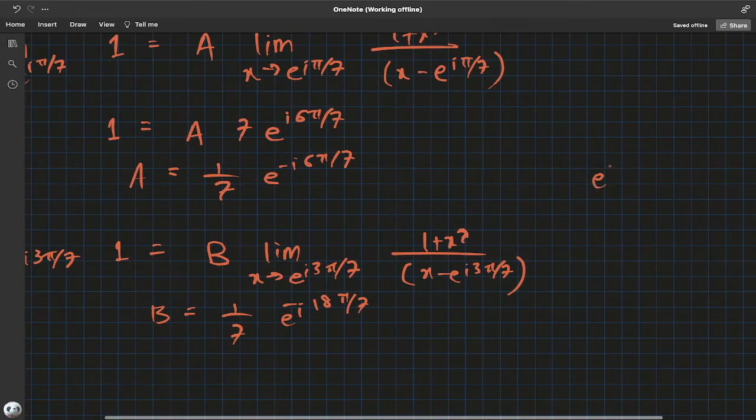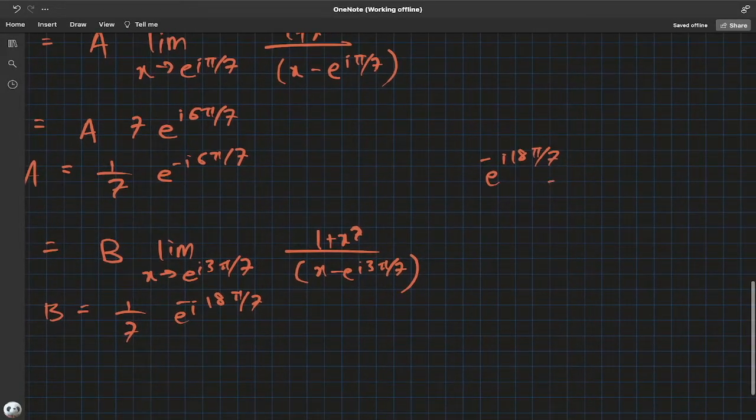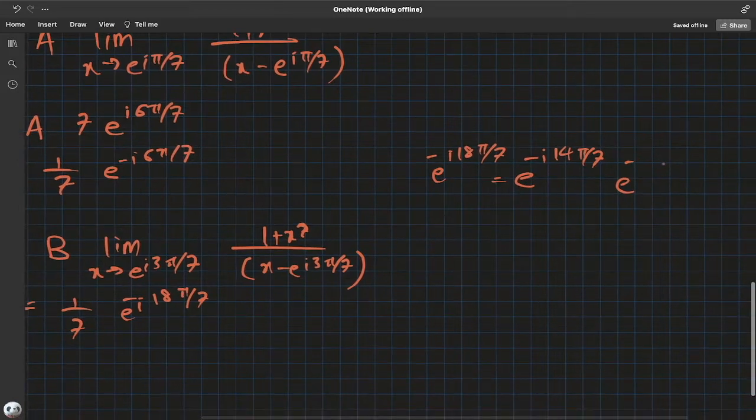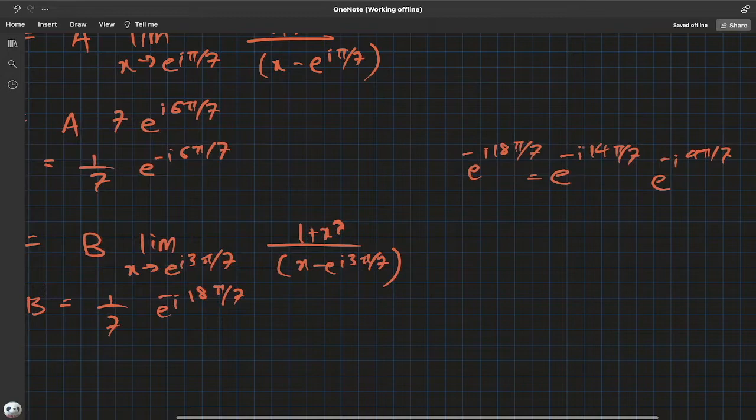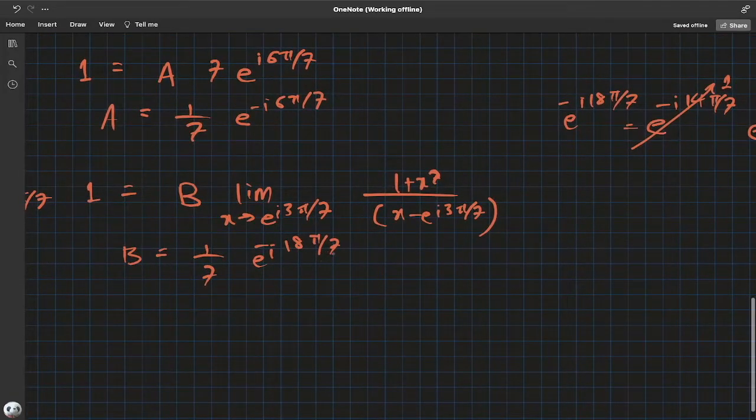To make this more clear, we have e to the I 18 pi over 7, right? You can write this as e to the I negative 14 pi over 7 times e to the negative I 4 pi over 7. Notice this becomes e to the I negative 2 pi, which is still 1. And this is what we're going to have finally. So I can just write this as e to the negative I 4 pi over 7.